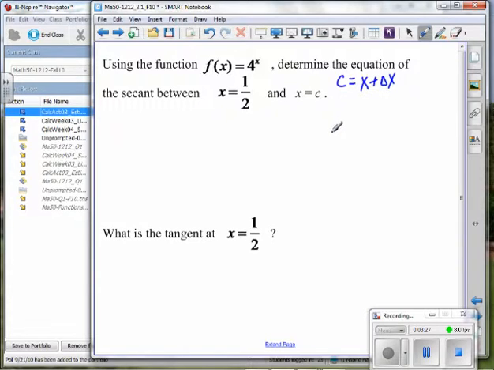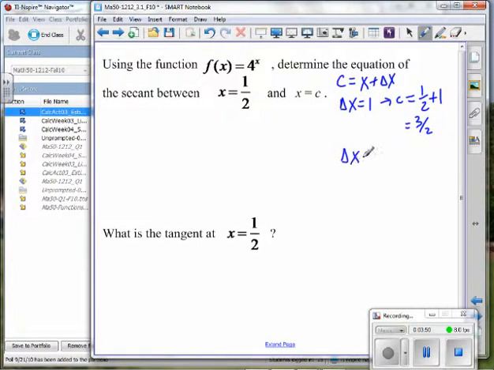If I give you a delta x equal to 1, that means c has what value? Well, x is 1/2, so c is 3/2. So we have 1/2 and 3/2.